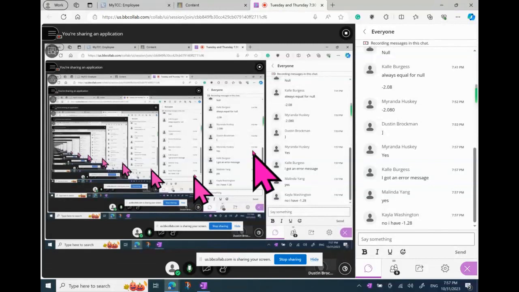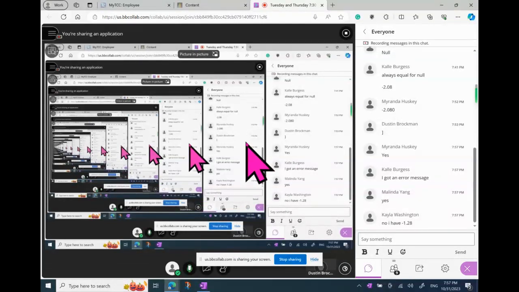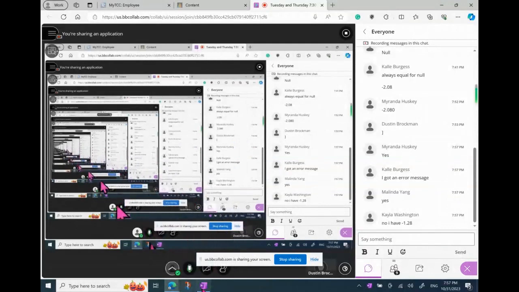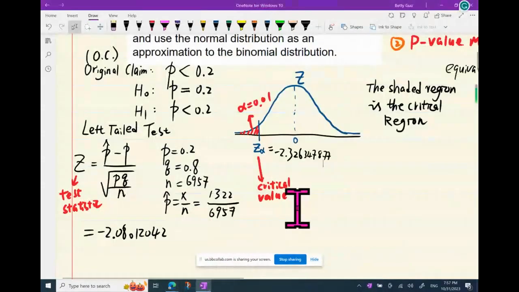Clear everything in case the history data or the current data is disrupting. I have a negative 1.28. Let me double check mine. So second verse, inverse normal.